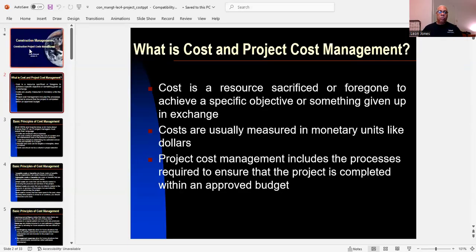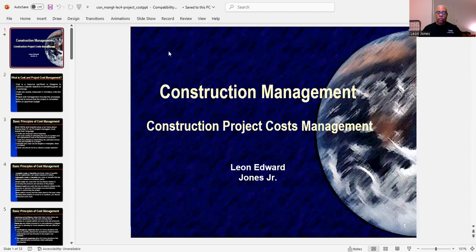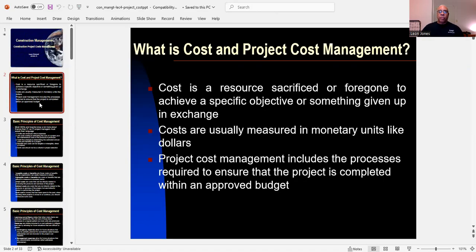I am going to talk about construction project cost management. So basically, I just took cost and management and put them together because it's all under project management. Now, what is cost and project cost management?